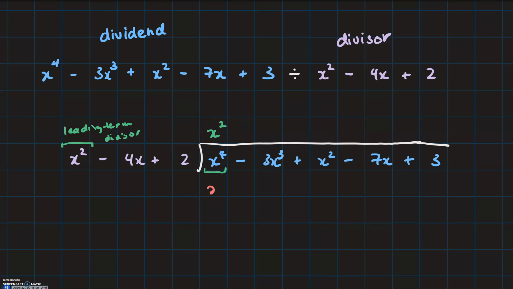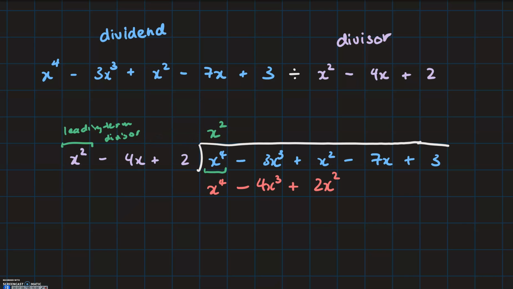I'm going to have x to the power 4 when I multiply by x squared, minus 4x cubed when I multiply my x squared with this 4x, and then plus 2x squared when I multiply that 2 with my x squared. So I've got this when I multiply x squared with my whole divisor here.